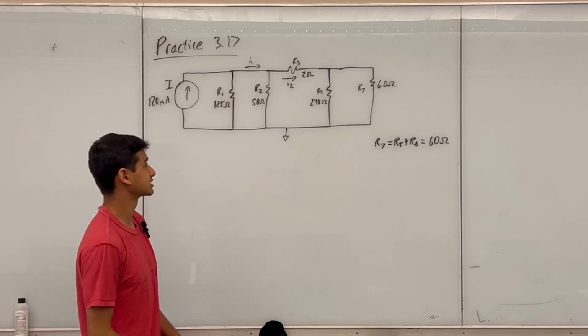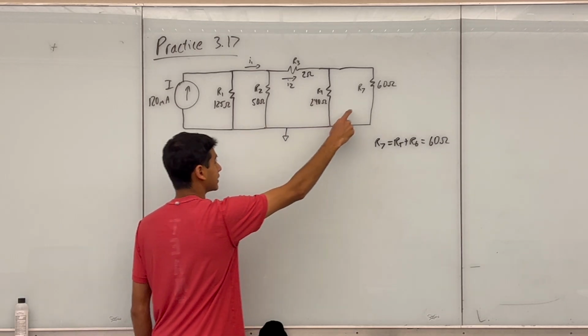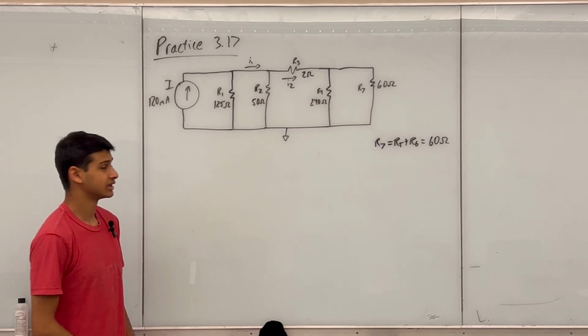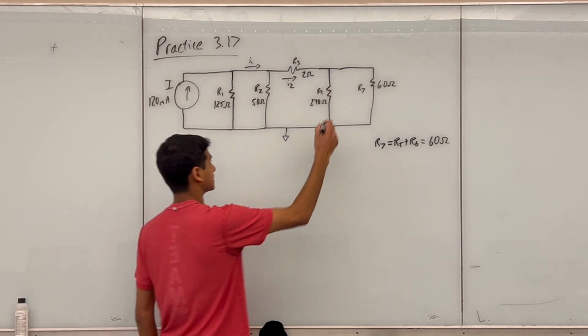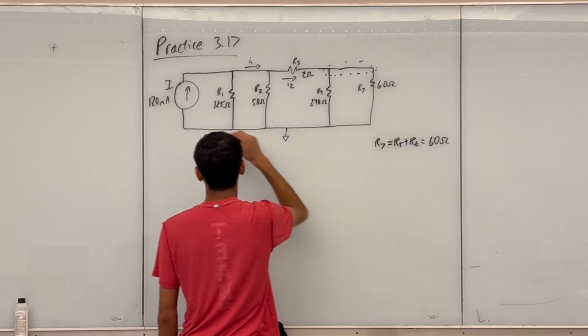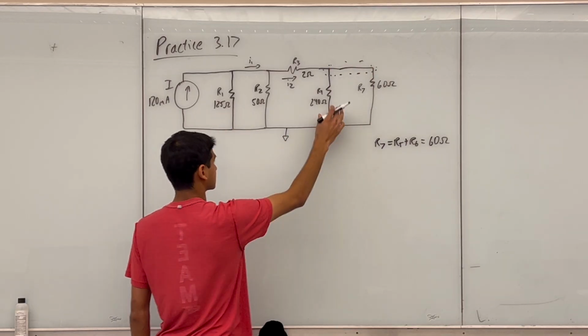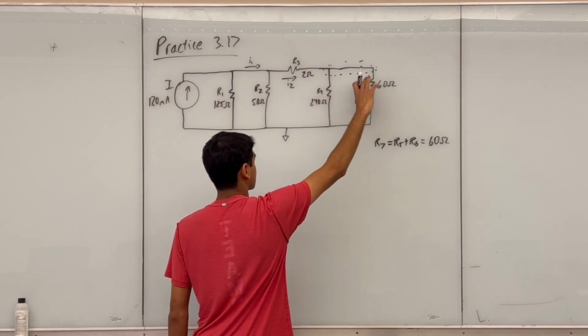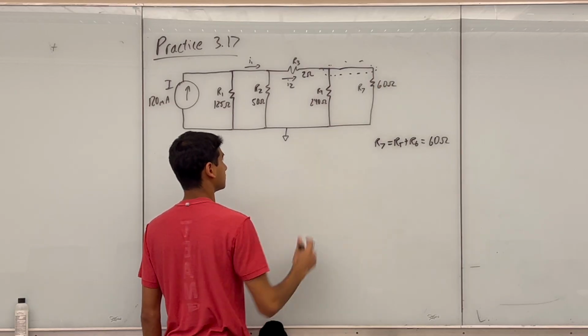And the next thing I notice is that the resistors R4 and R7 are in parallel. And the reason for that is because they're connected to the same two nodes. So they're connected at this node here, and then at this ground node here. So since they're connected to the same two nodes, the voltage across them is the same, and I can combine them in parallel.